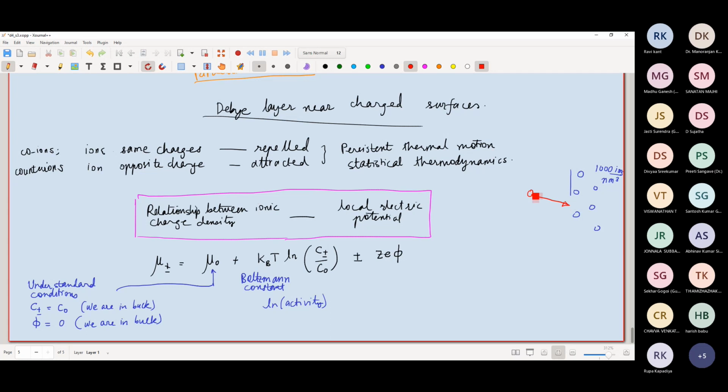You cannot simply take an ion and push it over here. Once you push it in, you have squeezed in one more ion compared to its bulk condition. Originally it was in the bulk condition and everyone was happy. Now you have taken one more ion and you have pushed it. So that penalty is reflected in an increase in the chemical potential.